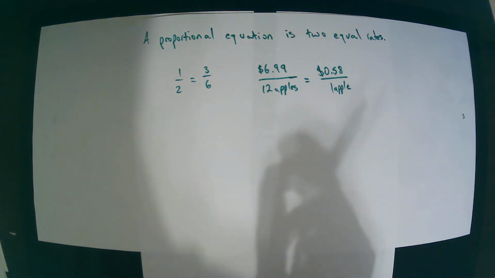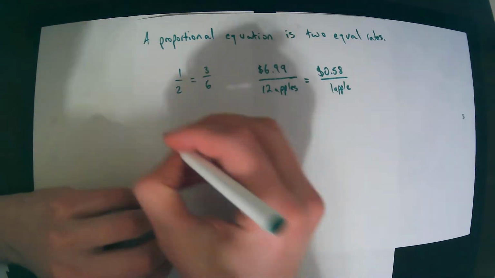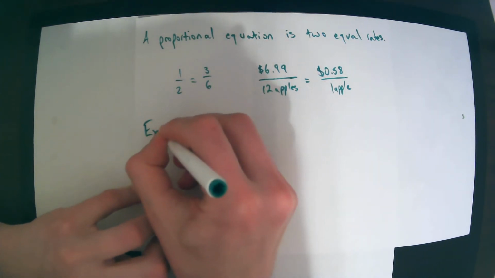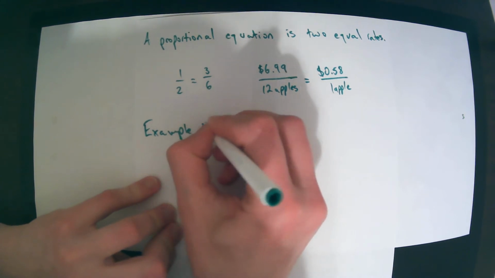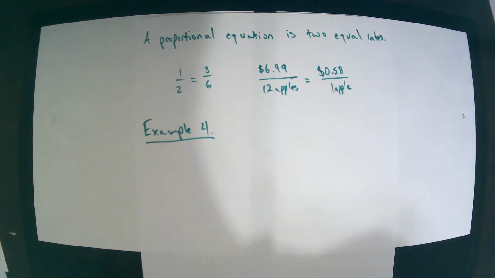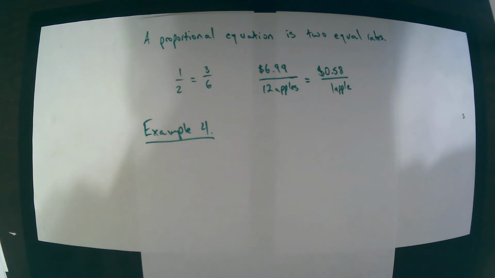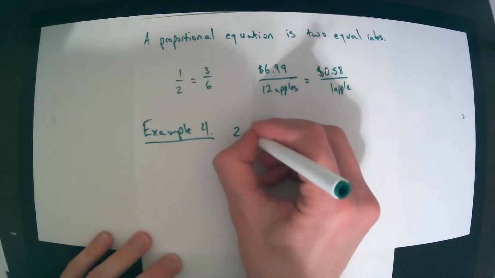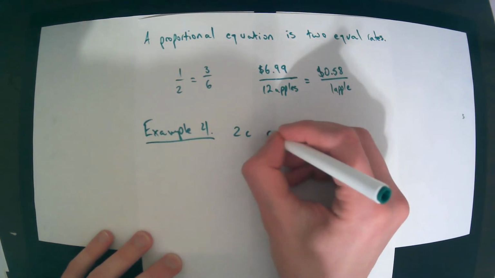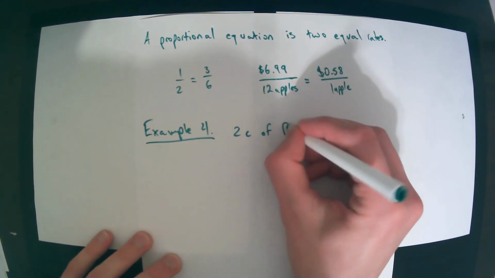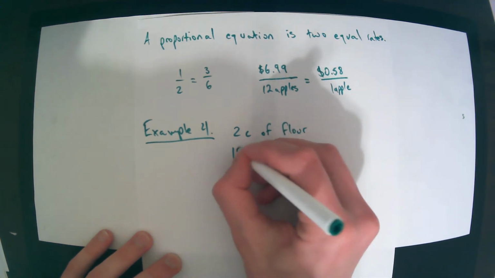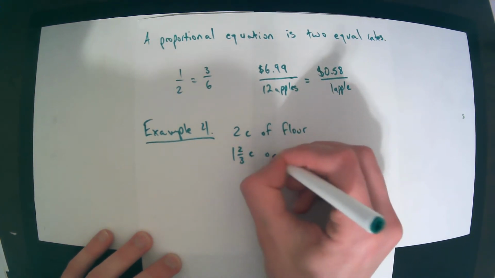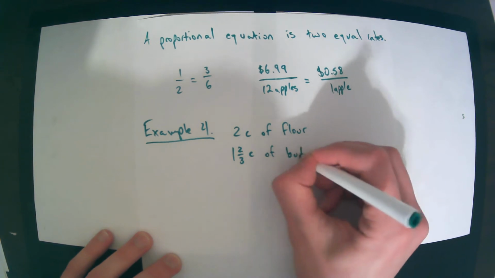So let's look at example 4. Which says you're baking with a recipe that calls for 2 cups of flour, 1 2/3 cups of butter. Let me write these down. So I'll say 2C for cups of flour, 1 2/3 cups butter.